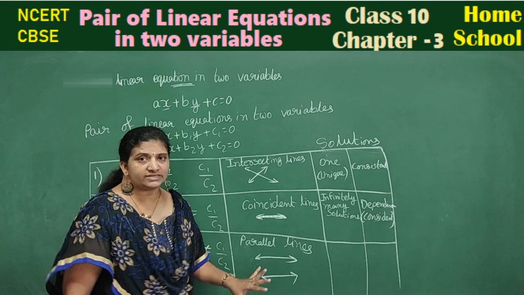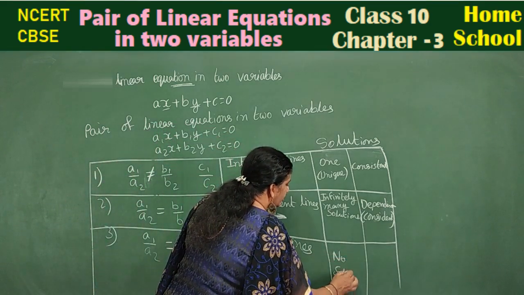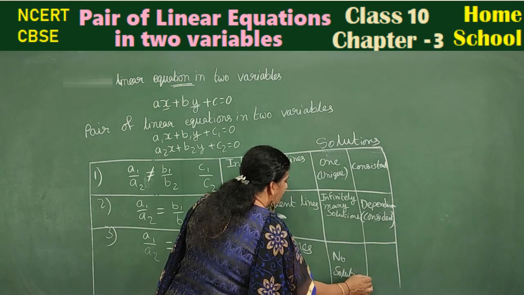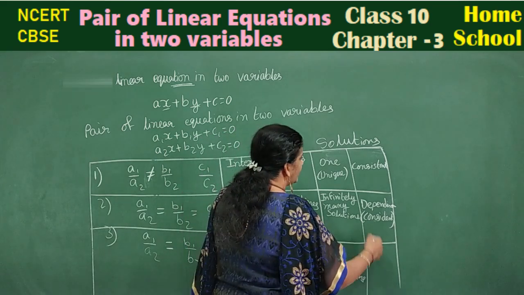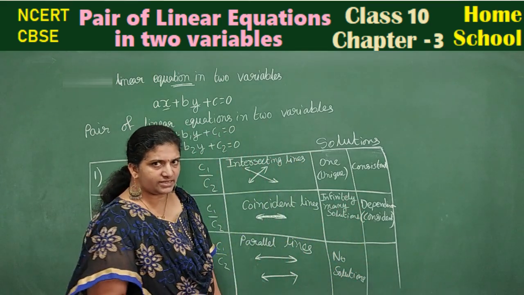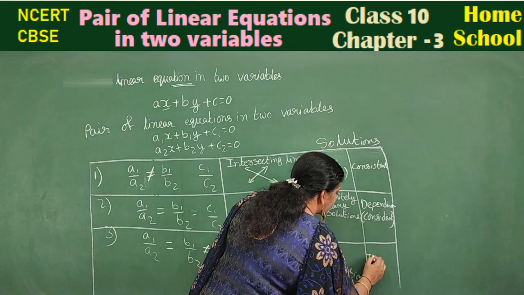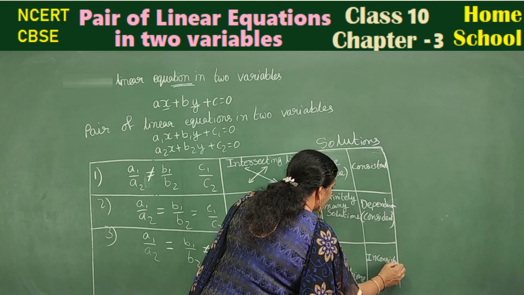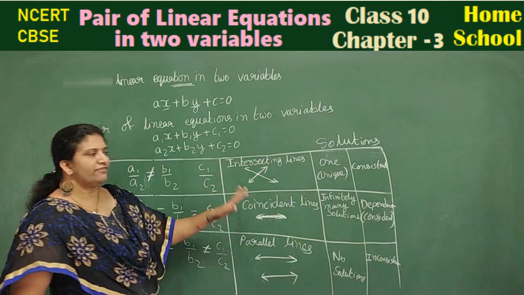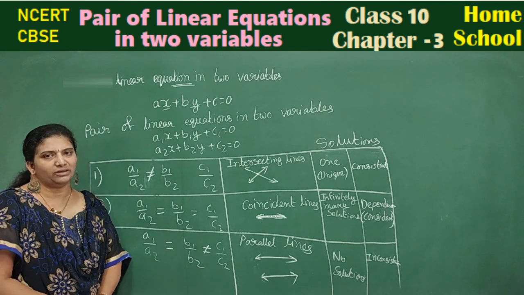No, they are not intersecting. That means there is no solution at all for this pair of linear equations. And are they consistent or inconsistent? The pair of linear equations are inconsistent. If you remember this, you will compulsorily score 1 mark.